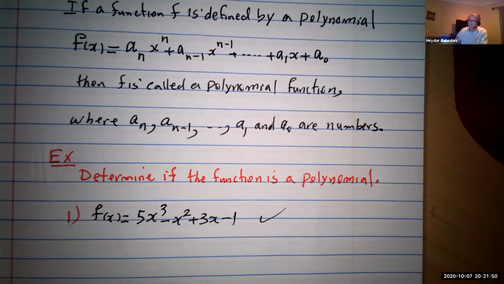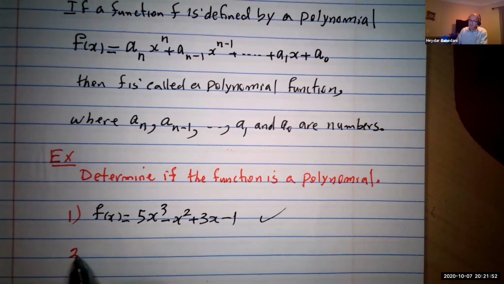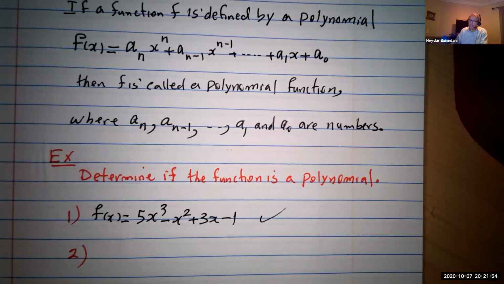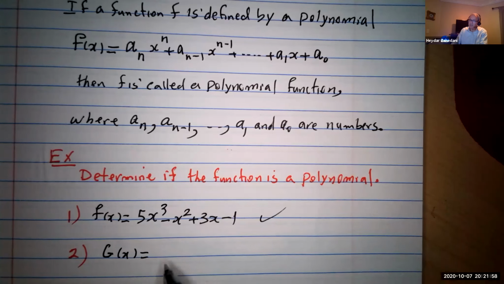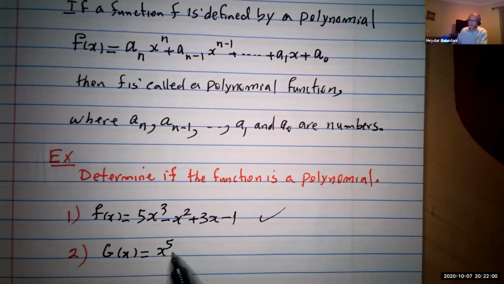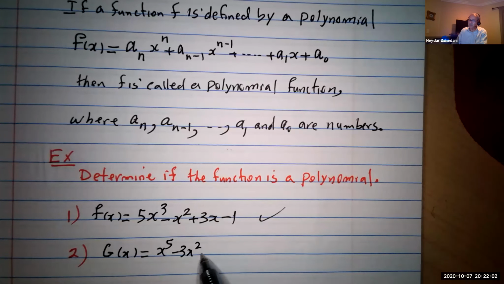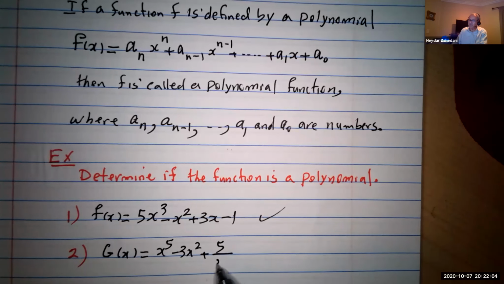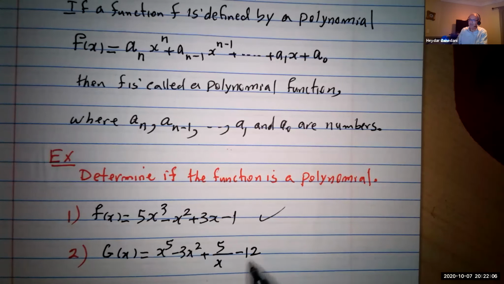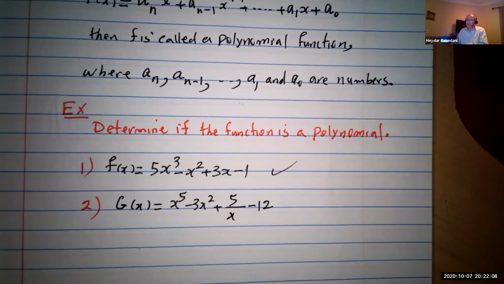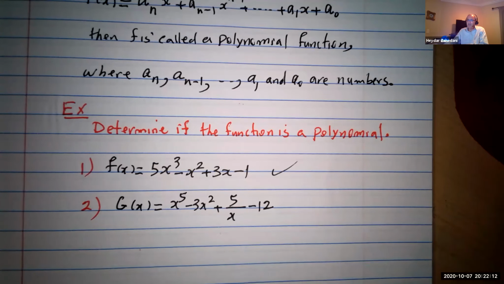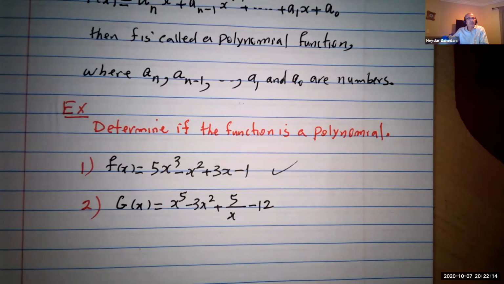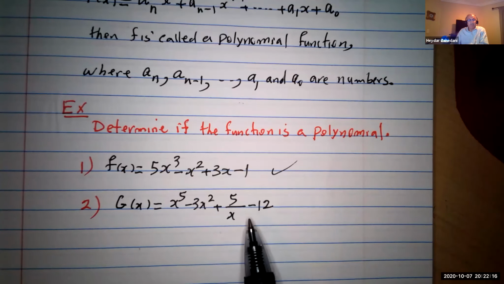But if you are given something like g of x equals x to the fifth minus 3x squared plus 5 over x minus 12, as you can see, this is not a term, because a term means a product: a number and a power of x.